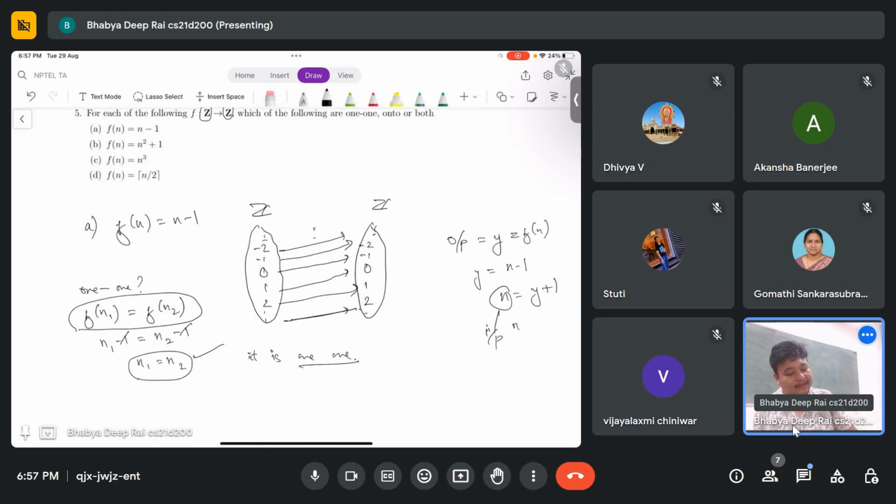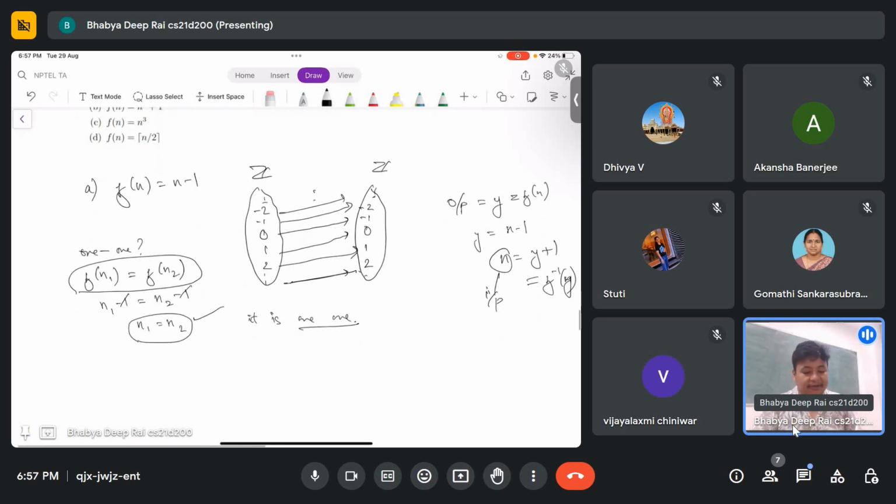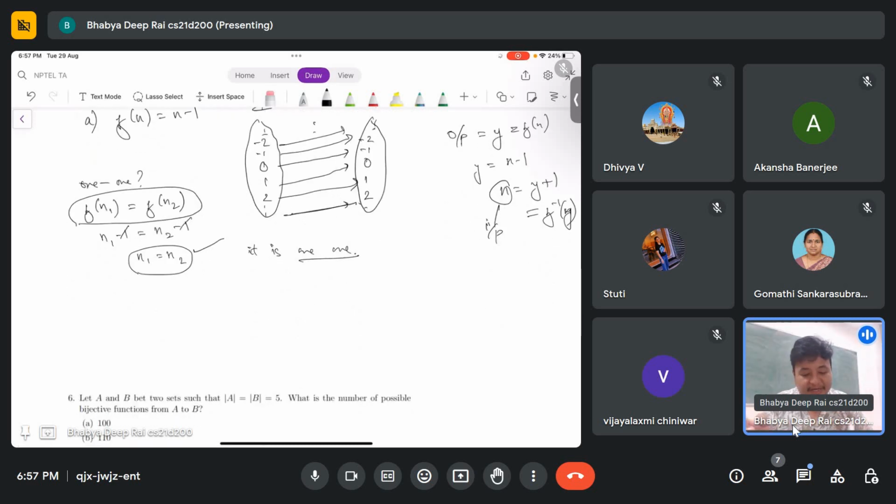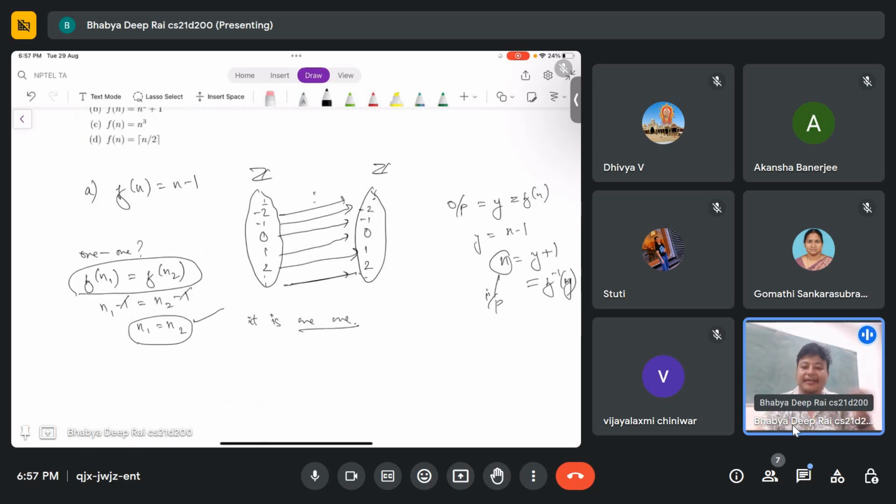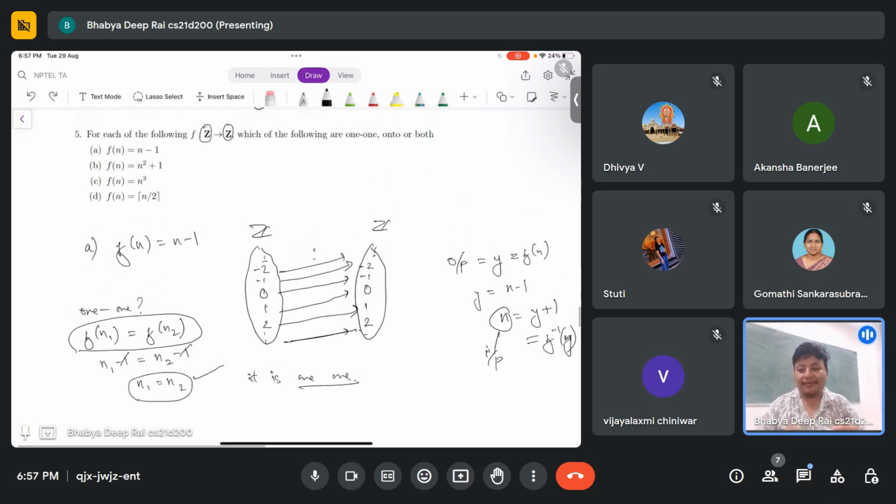Which is nothing but the inverse. Okay, so yeah, you can always do that. You can always come back from each element, which means that every element was actually getting mapped to. So there is no element here which is getting left out. So yeah, part B, can you try?